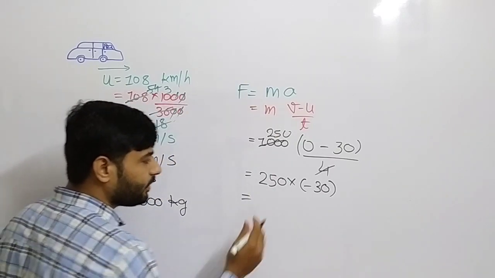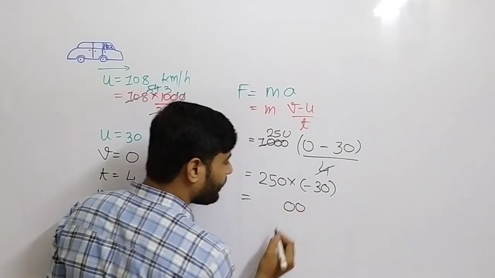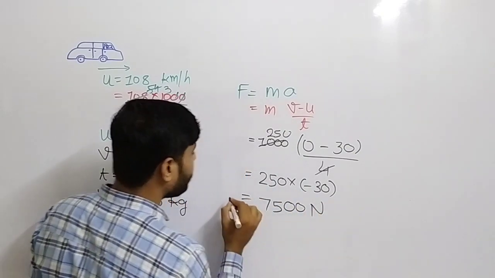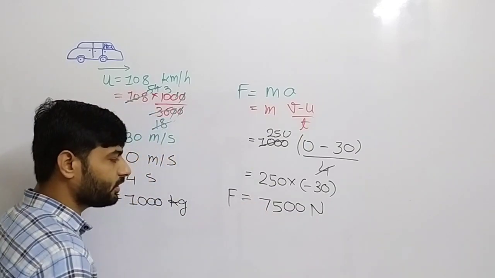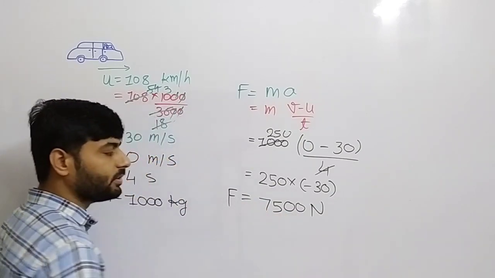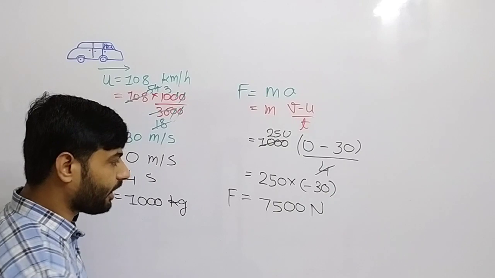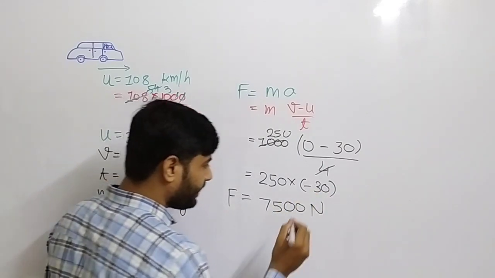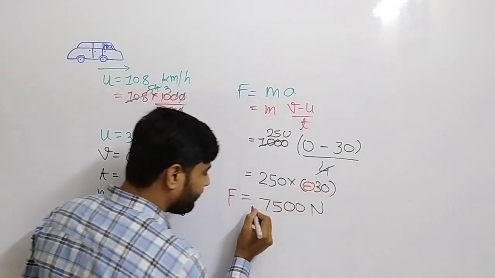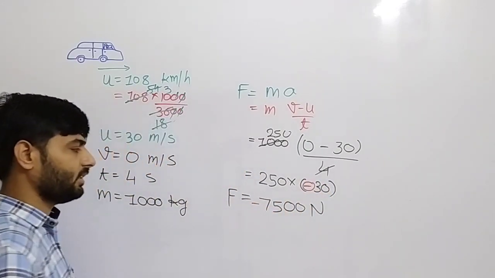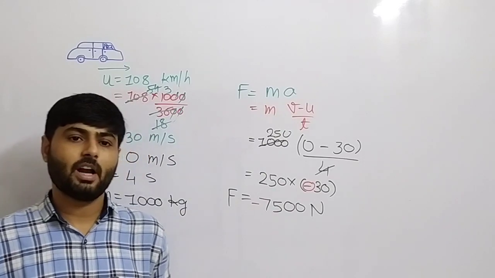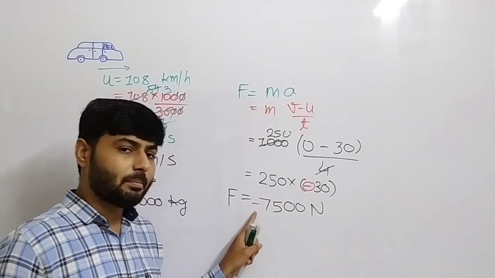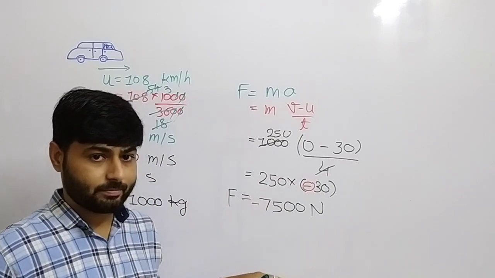So we have 7500 Newton. But here you can see one minus sign, so it will come as minus 7500 Newton. Now you will think how this minus sign came here.